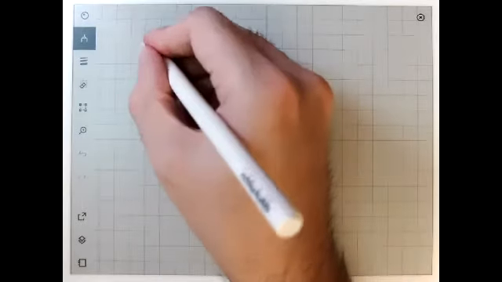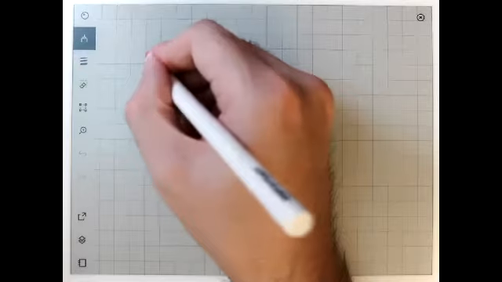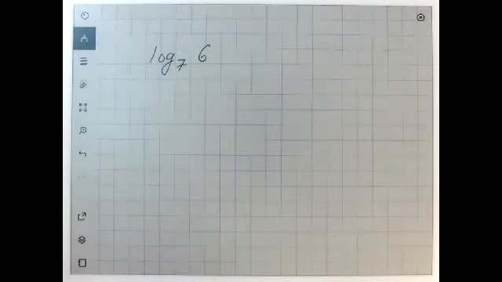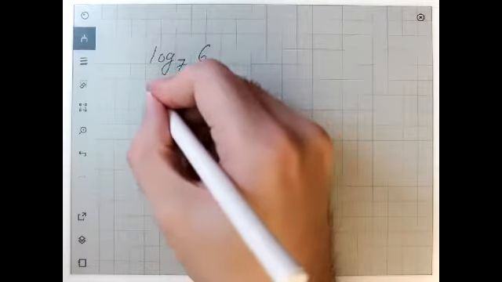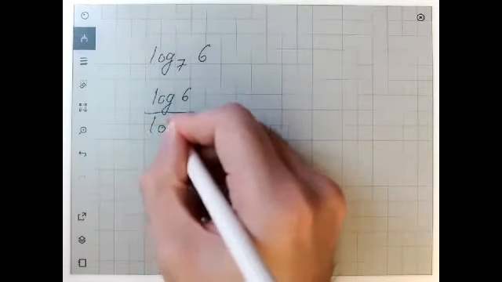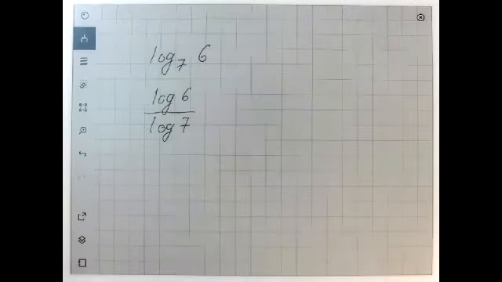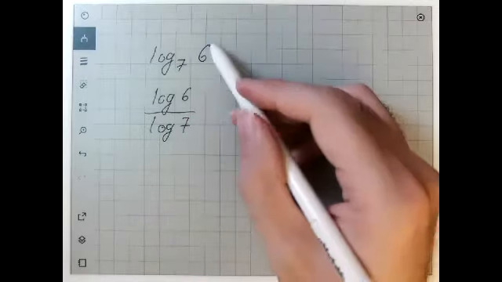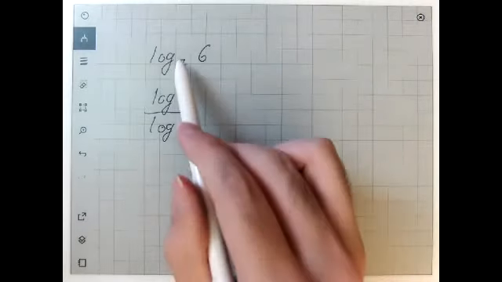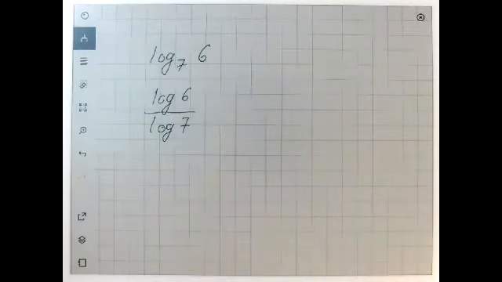So, if I want to calculate the log base 7 of 6, using the tools that we just developed, this is the common log of the argument 6 divided by the common log of the base 7.